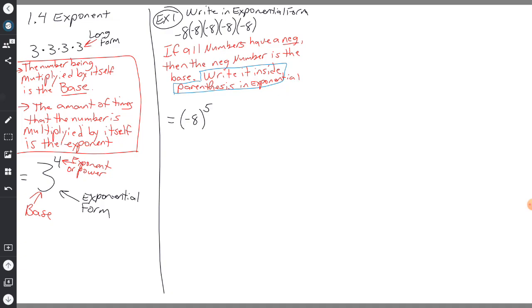It's very important that you follow this rule because it depends on whatever our exponent is.